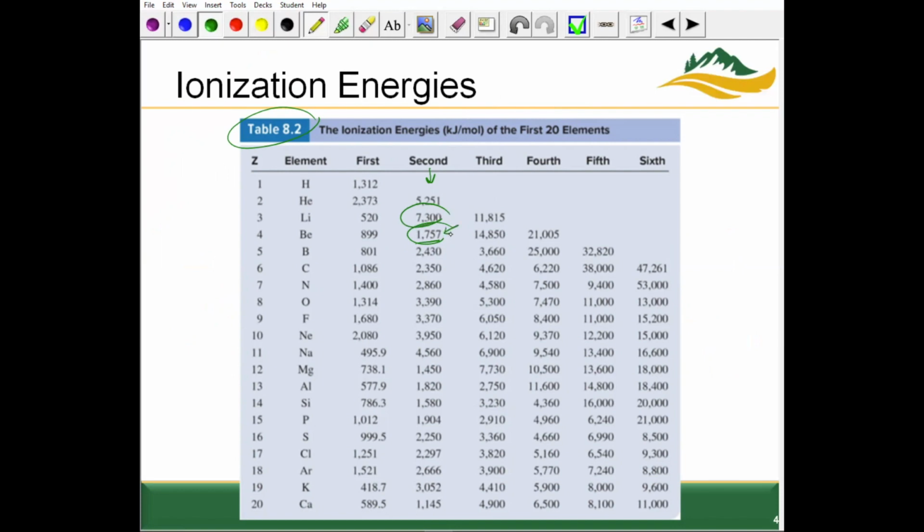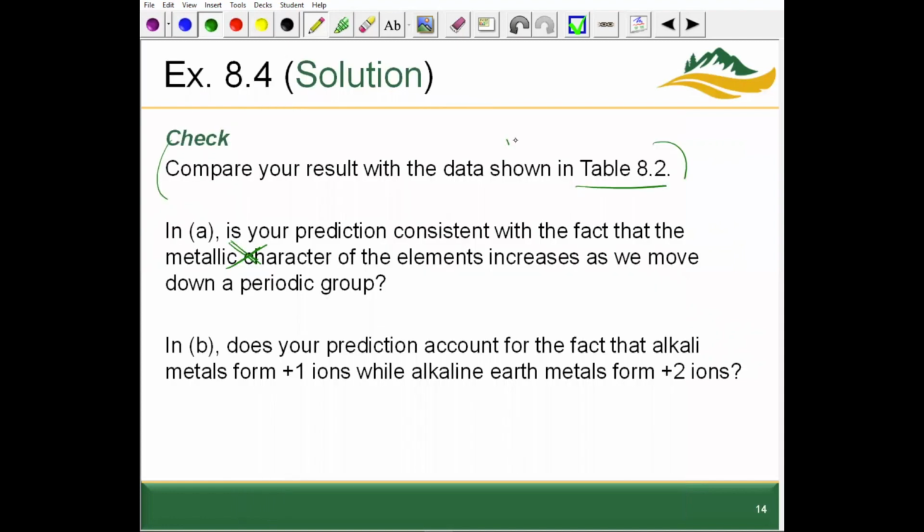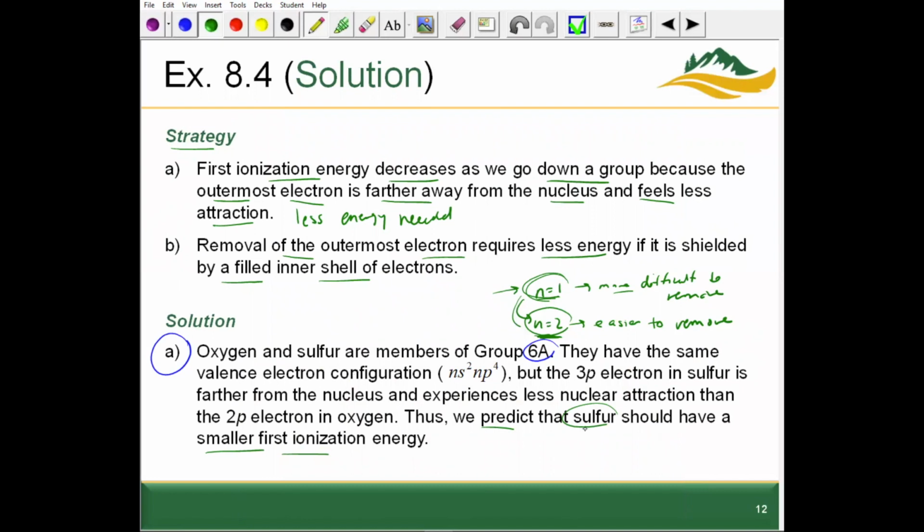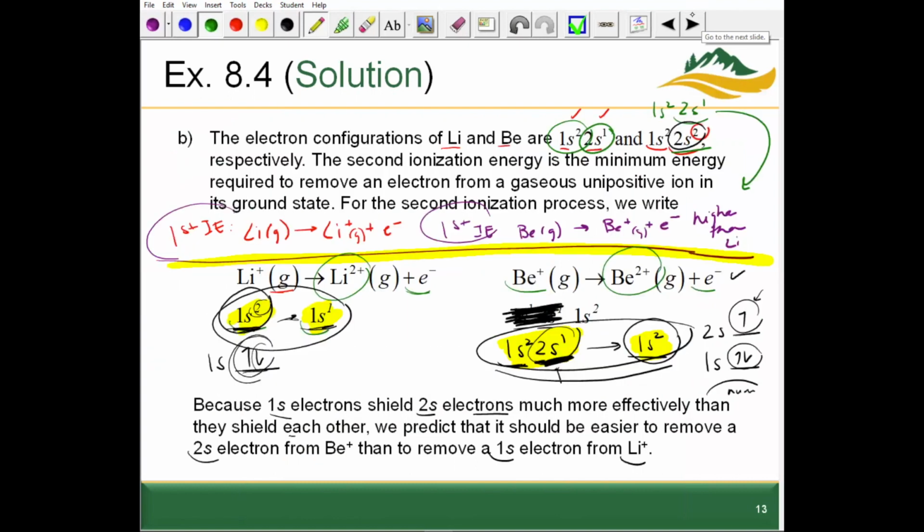So this second electron is easier to remove for beryllium than it is to remove a second electron for lithium. So our answers here do check out. For A, sulfur should have a smaller first ionization energy compared to oxygen. And for B, beryllium will have a lower second ionization energy compared to lithium.